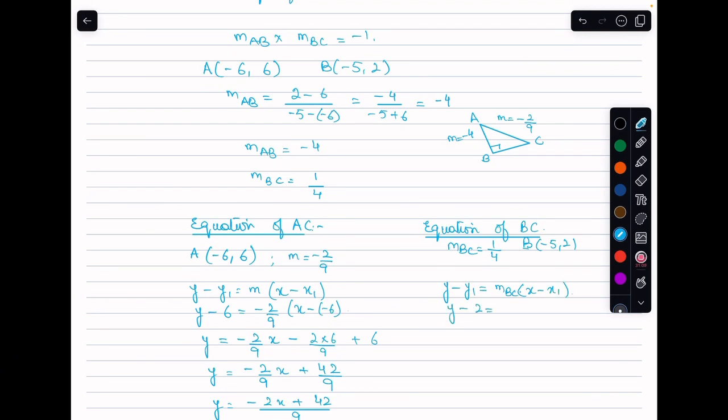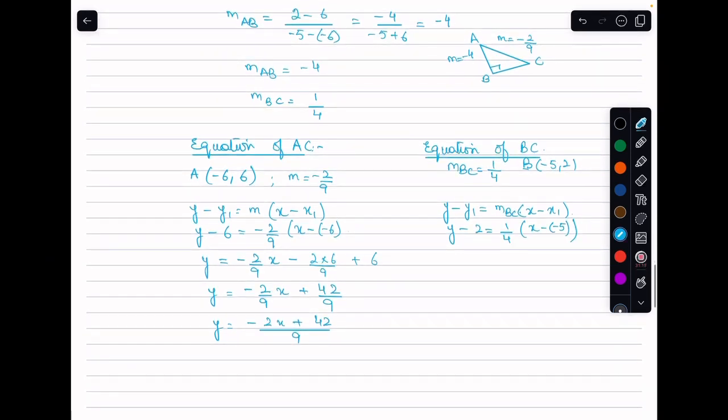I can say it's y minus 2 equals 1 by 4, and x minus minus 5. Solving it, I am going to get 1 by 4 x, positive 5 by 4, and a plus 2. Or I can say it's y equals 1 by 4 x plus 13 divided by 4. So y then will be equal to (x plus 13) divided by 4.